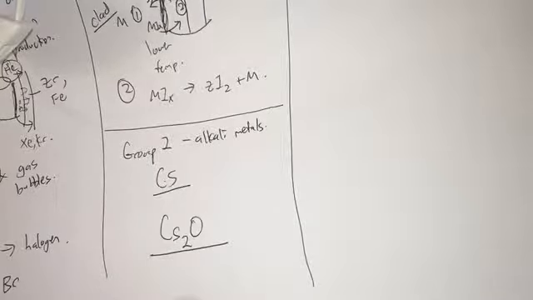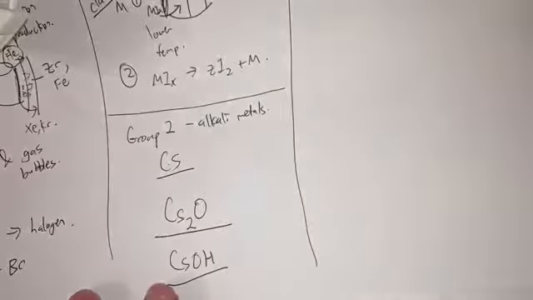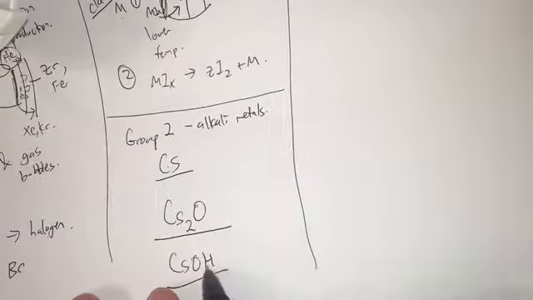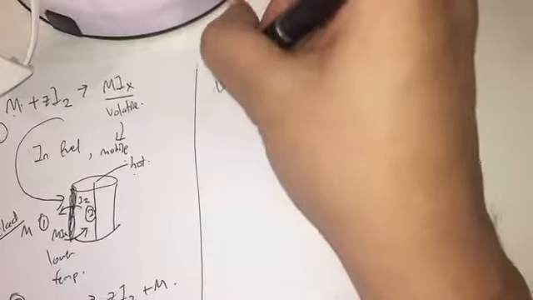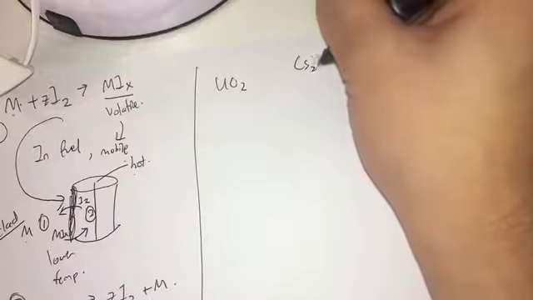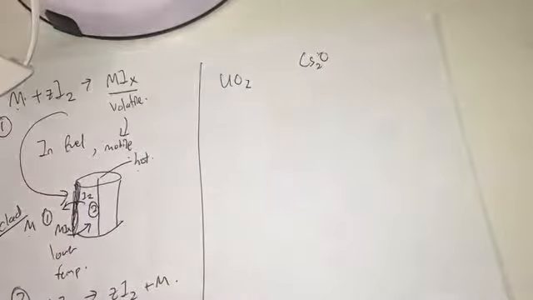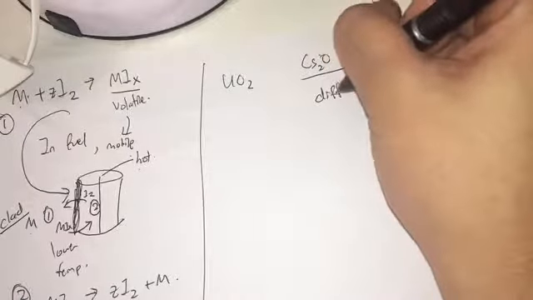If there's water or any steam around, the hydroxide will form. And we know that this oxide is very different from the chemistry of uranium oxide. So UO2 and cesium oxide are very different oxides, and this tends to form a different phase.